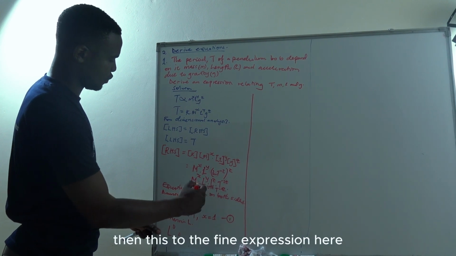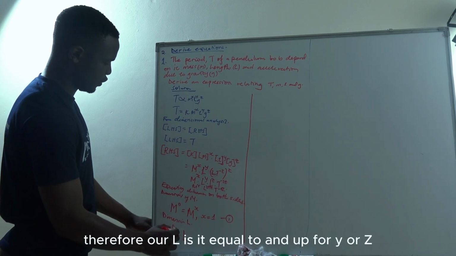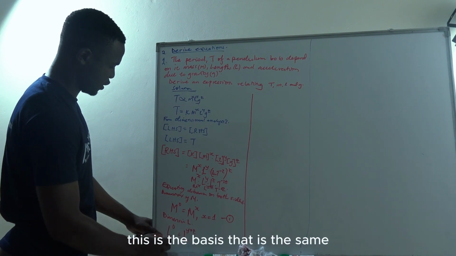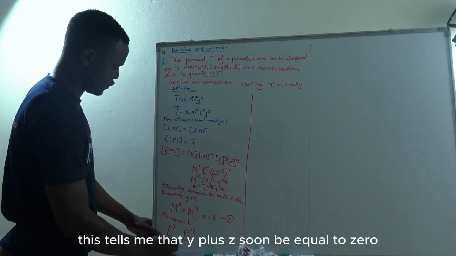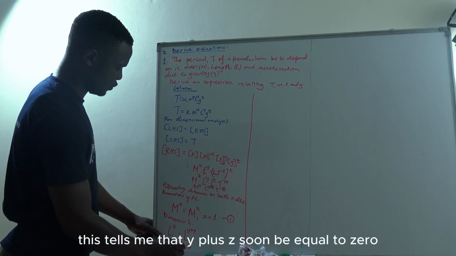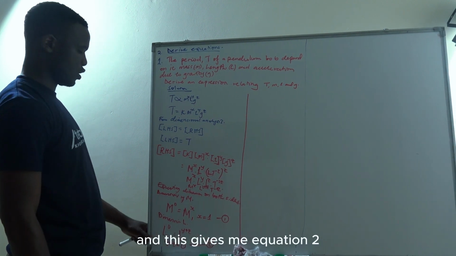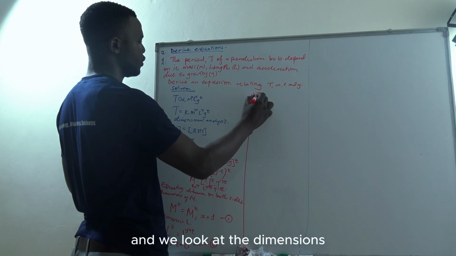Since the bases are the same, this tells me that y plus z should be equal to 0, and this gives me equation 2.